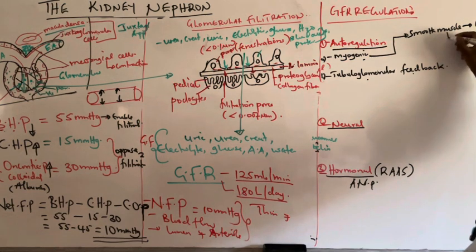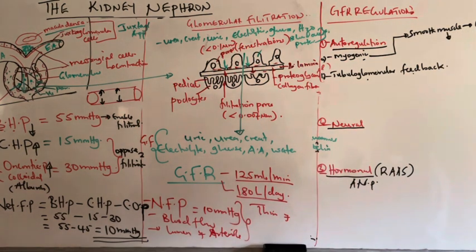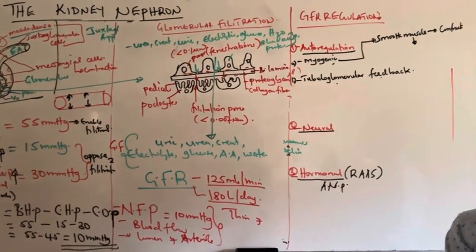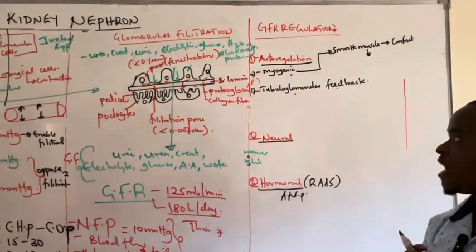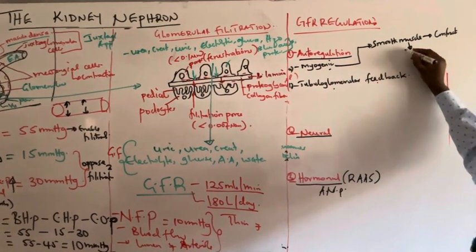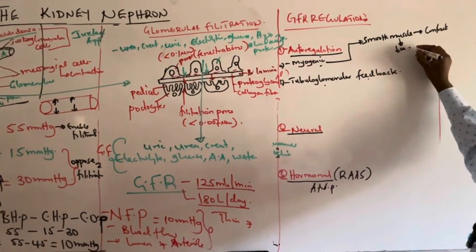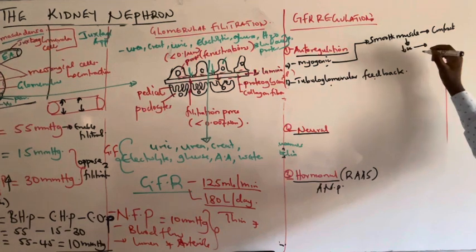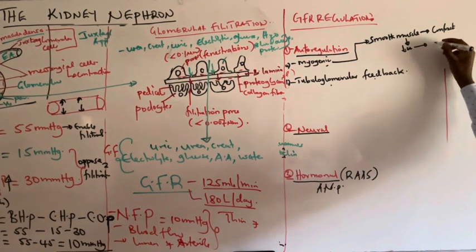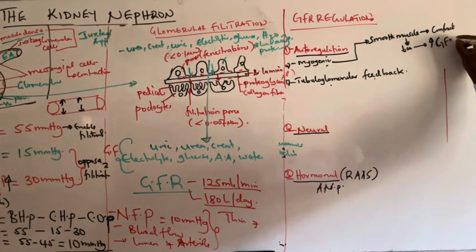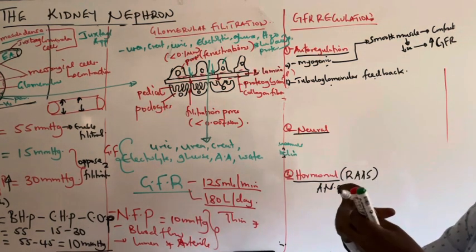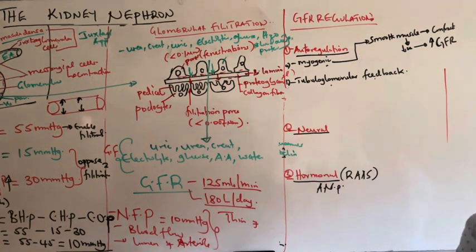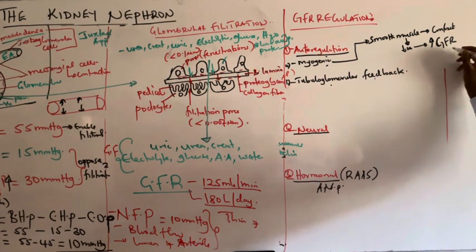they lead to the reduction in the size of the lumen. And when the lumen size decreases, we see the GFR first increases because of the increase in pressure, but this increase in pressure causes vasoconstriction. And when vasoconstriction occurs in these arterial vessels, we see GFR dropping down.